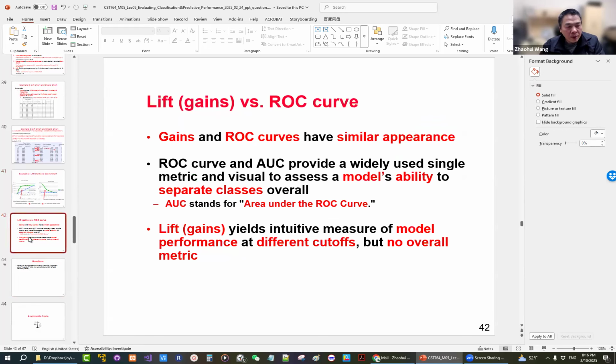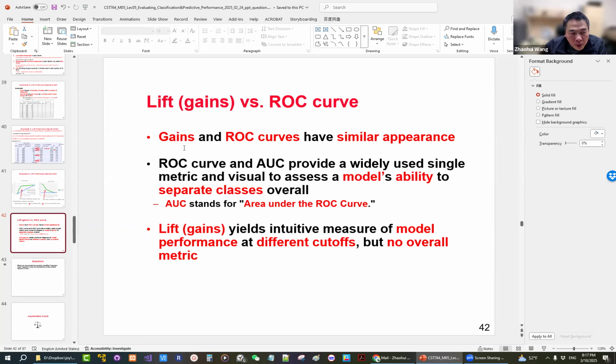Okay, we have this. So from the previous discussion, we can know that the gain chart and the ROC curve have similar appearance, and they both increase very quickly at the initial stage and reach the saturation very quickly.